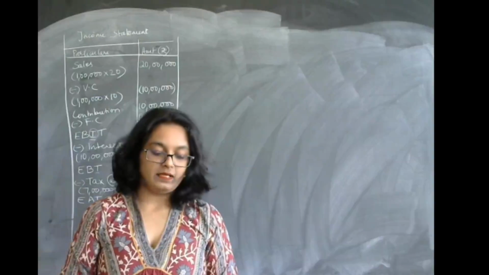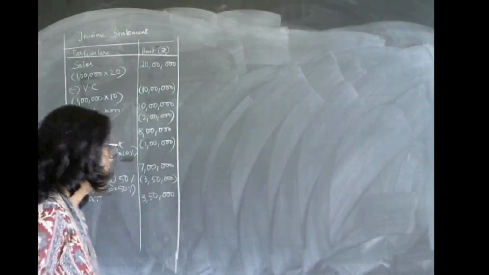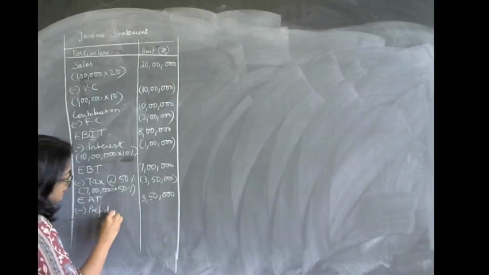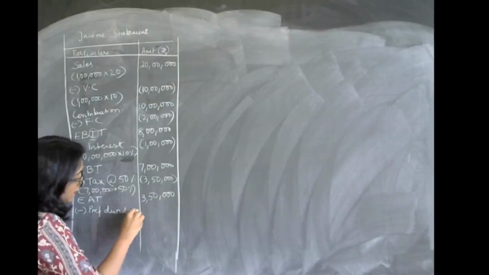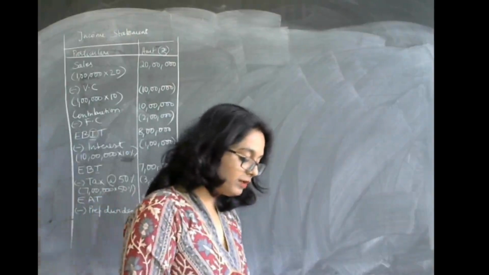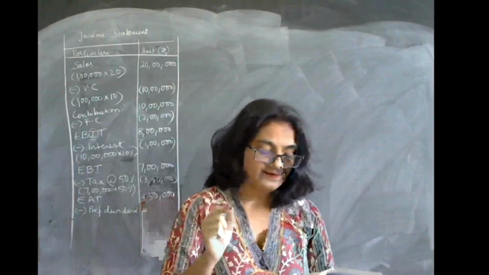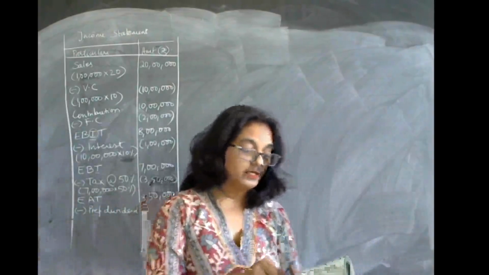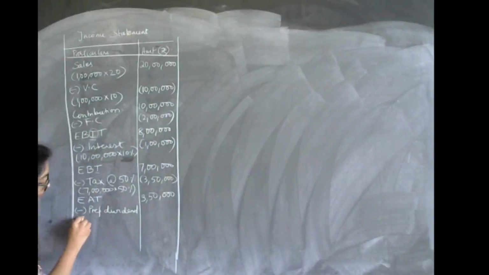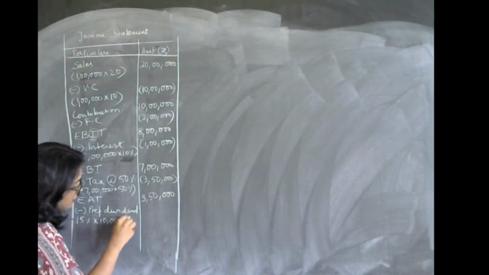Then the next thing that we have to take into consideration after tax is the preference dividend. So minus the preference dividend. Okay. So what is the preference dividend given over here? 15% preference share capital. So they have said that 15% preference share capital of how much? Of 10 lakhs. So 15% into 10 lakh. How much does it come to?